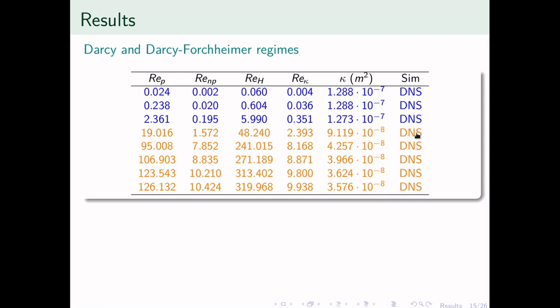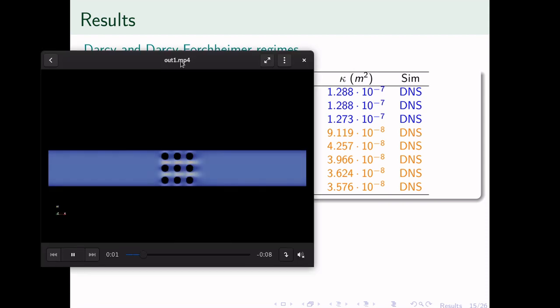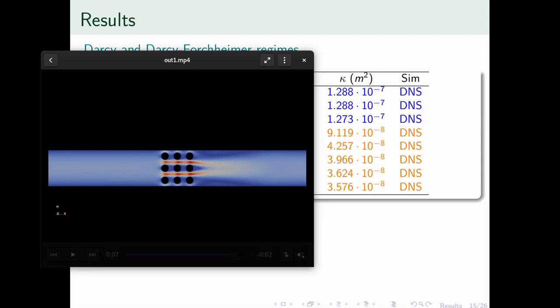As the flow velocity increases, you can see the start of the development of jets here. You have jets at the outlet, which are concentrations of areas of higher velocity in the velocity fields.